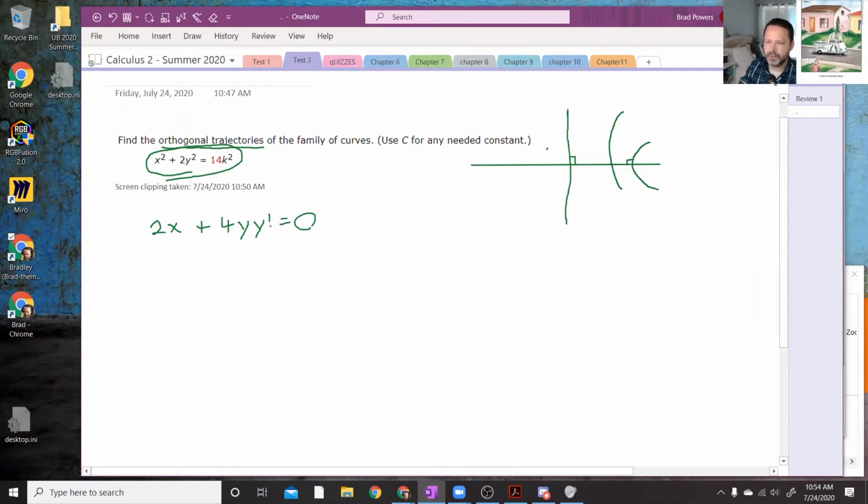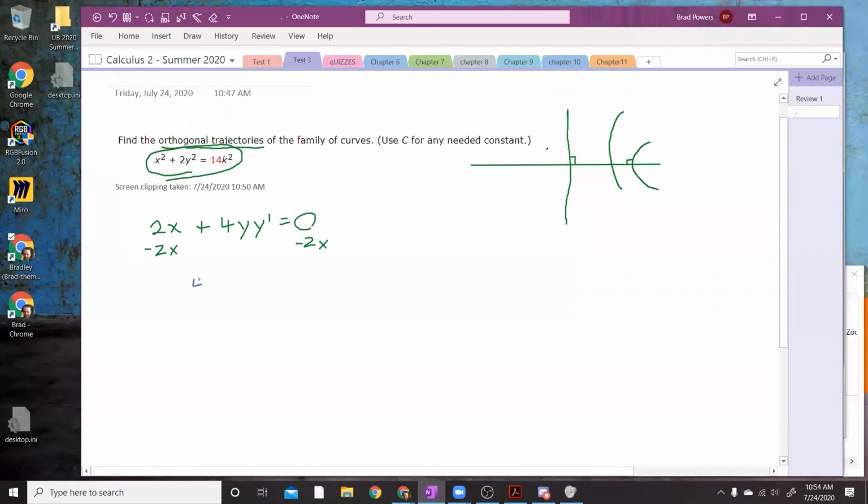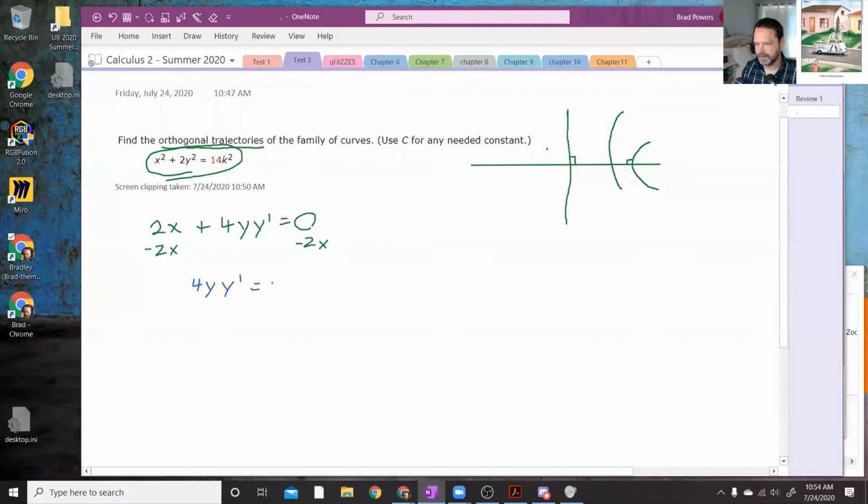And then, of course, we want y prime. That's our dy dx, right? So we're going to solve for that guy. So we'll subtract 2x from both sides, and we get 4y y prime is equal to negative 2x. Divide both sides by 4y.